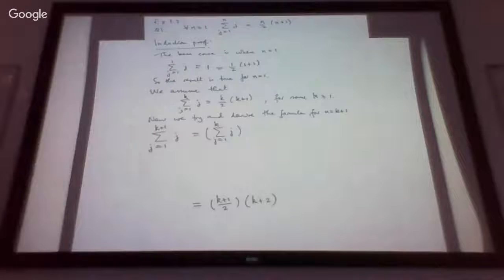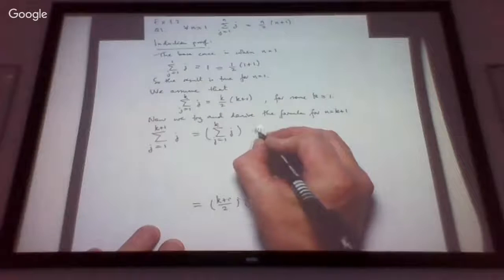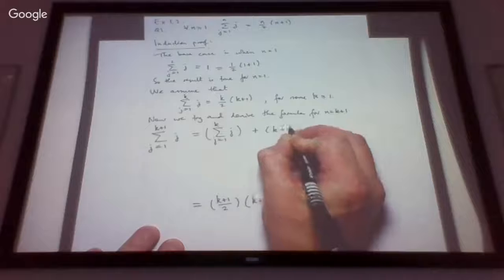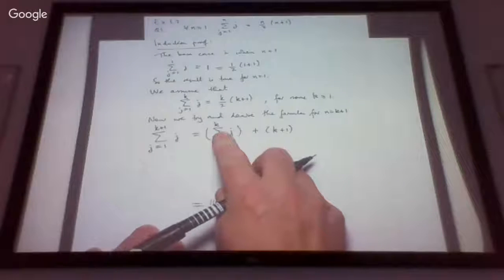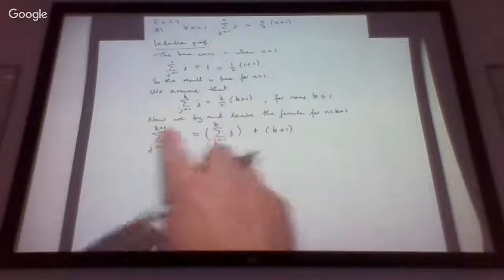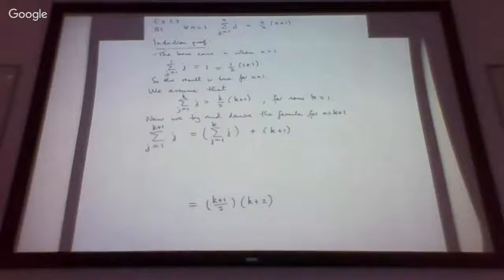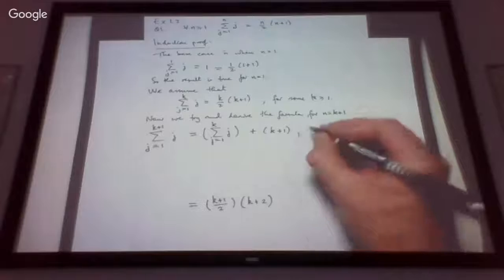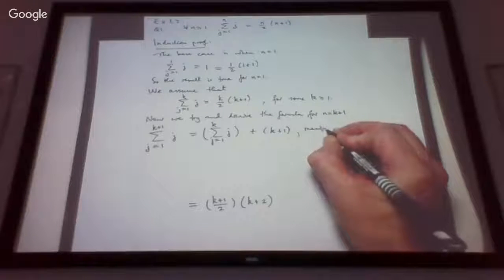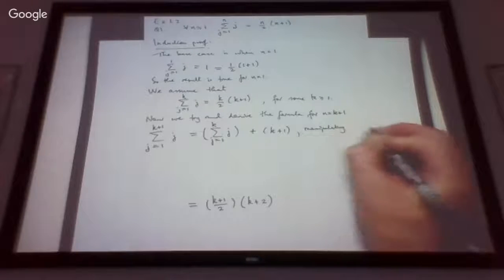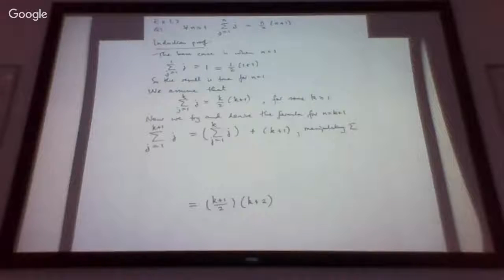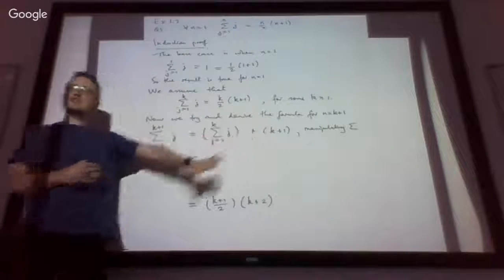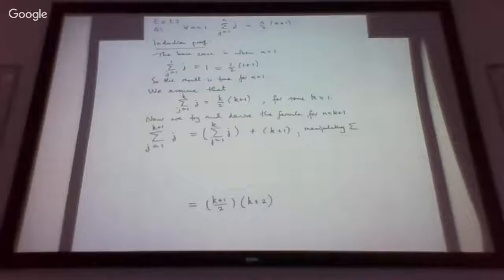But to complete the equation, separately, we add on the last value of j, the value of j that's been omitted from this summation, which is the value k plus 1, the last value of j. So the justification for what I've done there is just an algebraic manipulation, just manipulating the summation notation, really. Can everybody see that? Is there any clarification I can offer on that?